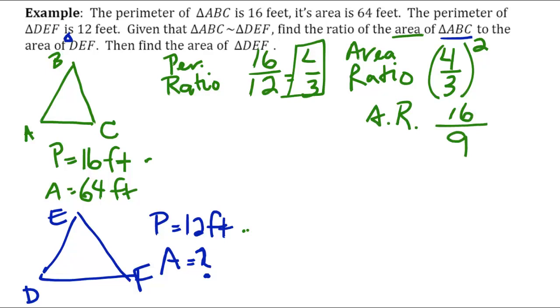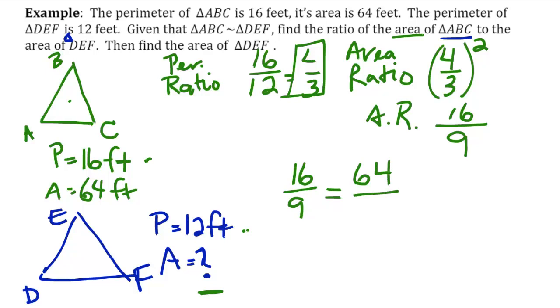So now I can set up a ratio proportion to figure out what the missing area is, the area of the second figure. So I'm going to take the area ratio, 16 over 9, and I'm going to set that equal to the actual areas. So since the 16 is on the top, that's the ABC triangle, I have to put the 64, the area of that triangle, on the top.